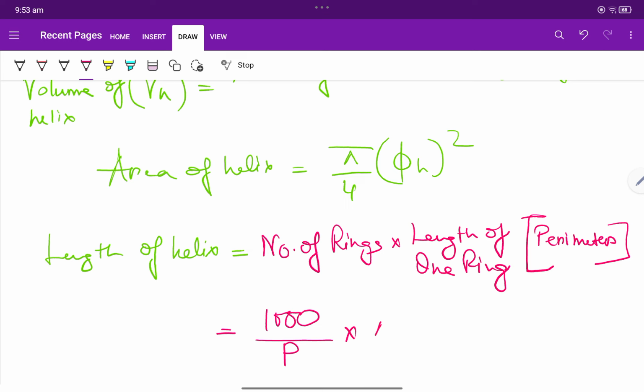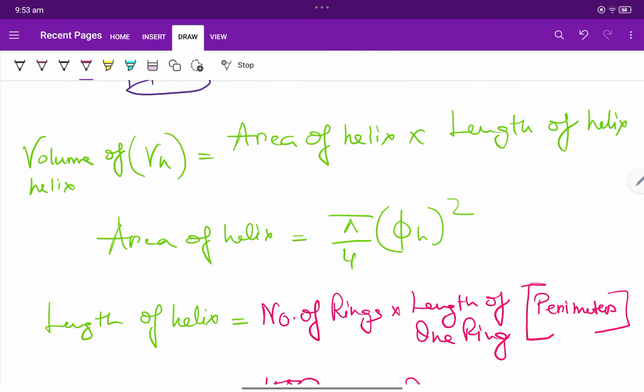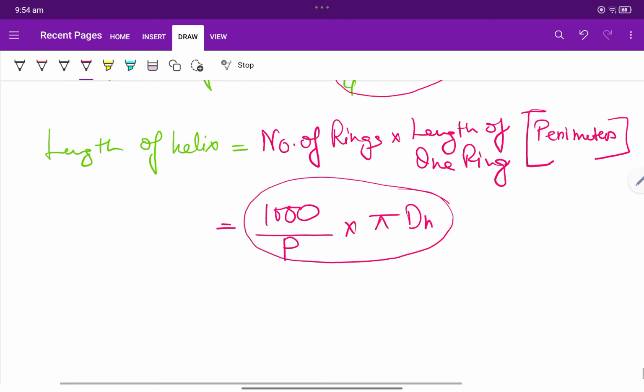The perimeter is 2 pi r. 2 r we can write as the diameter, so pi d, pi into the diameter of the helix. This is where it comes from. Now the volume of the helix is area into length, so we multiply them.